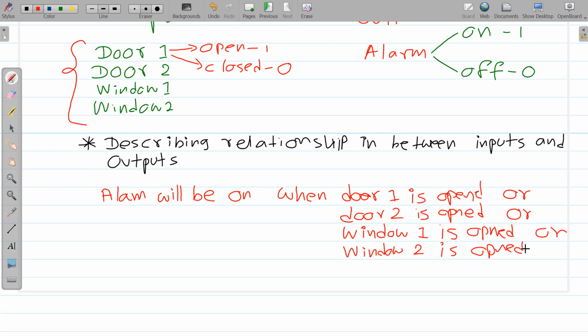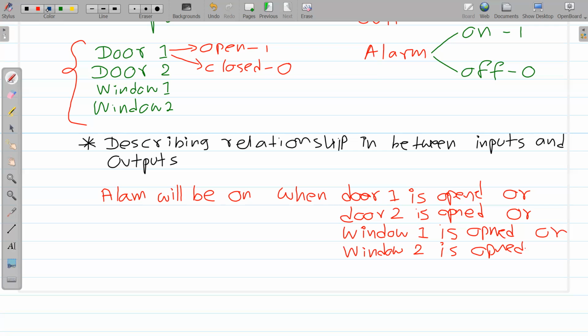Now, when it comes to Boolean expressions, we won't find any words inside, only variables. So it's better we apply variables to our inputs at the initial stage and convert this description into variables.